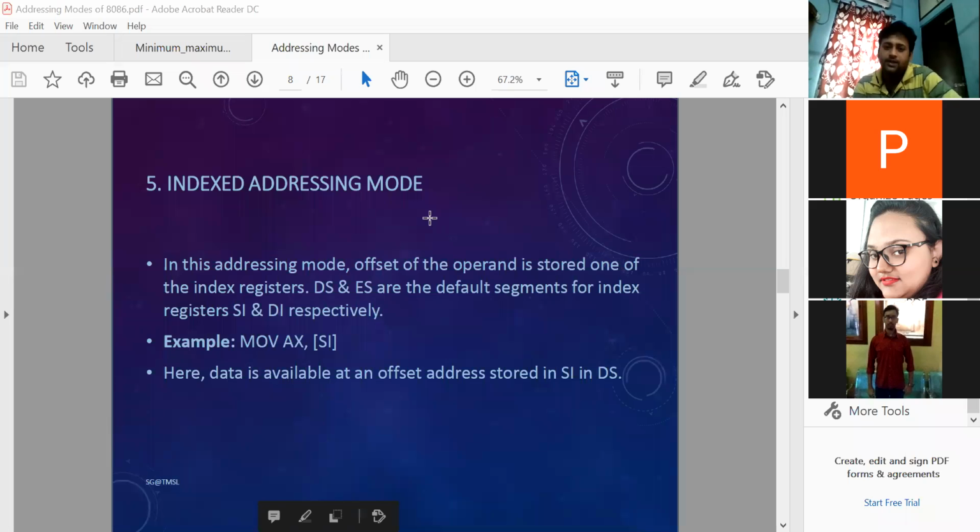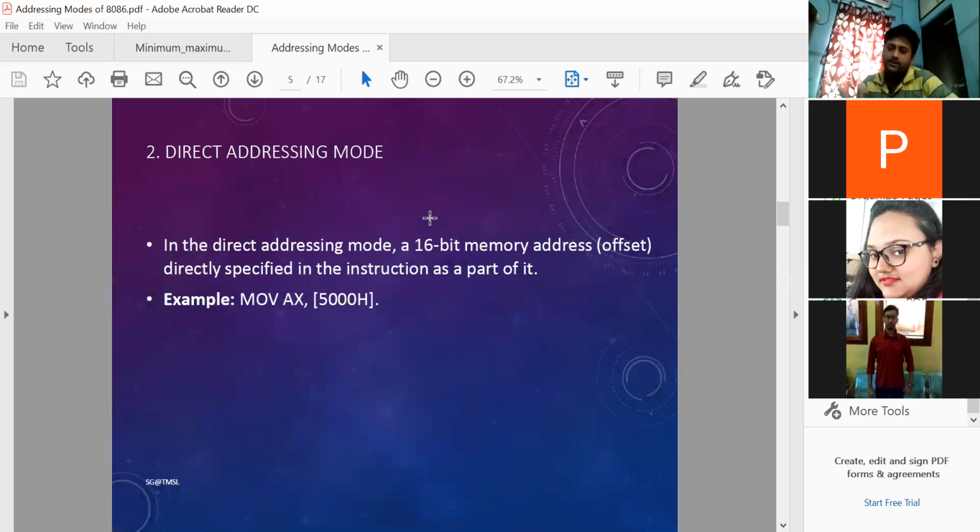Physical address generation, 20-bit physical address. You need 2 addresses. One is the segment address, another is the offset address. The formula, what is the formula? Physical address is equal to segment address into 10 plus offset address. Is it clear?